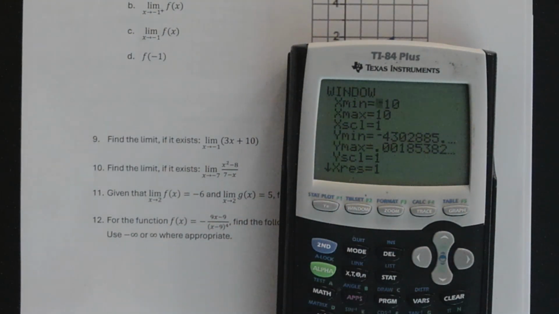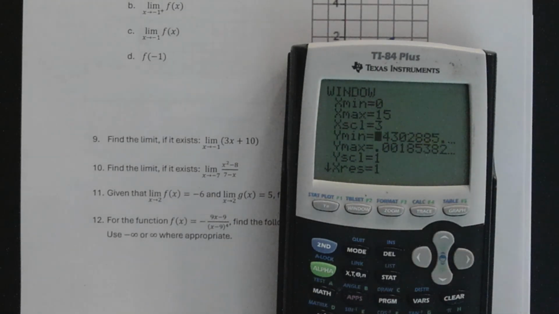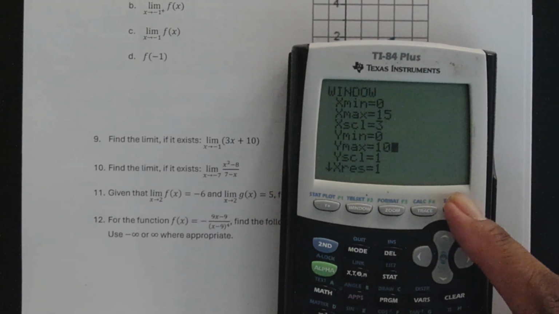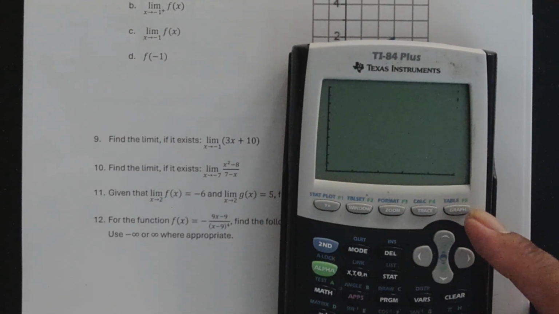Let's do a window. Because we're dealing with 9 here, so let's see here. I'm going to start my x-min at 0, and then do 15 in increments of 3. Y-min will be 0, Y-max will be 10. Sometimes you got to play around with this to get the graph that you want.